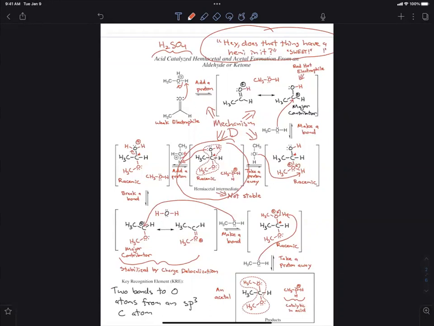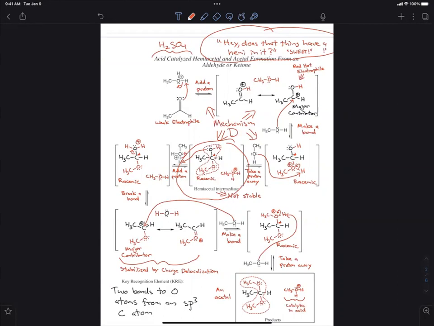The reason I did that is because I wanted that to serve as a guidepost. If you remember that you have to make a hemiacetal halfway through the mechanism and that it reacts further to get all the way to products, it's a useful way to make sure that you're on the right track when it comes to this mechanism.